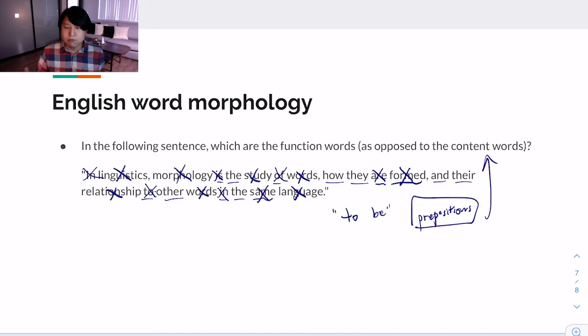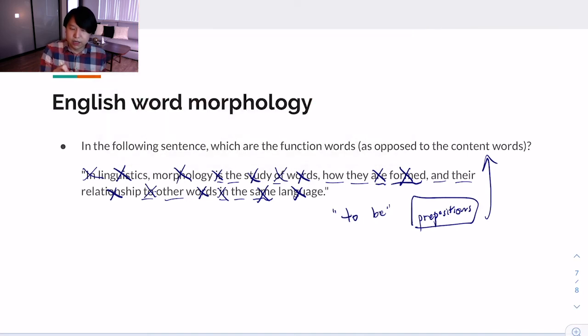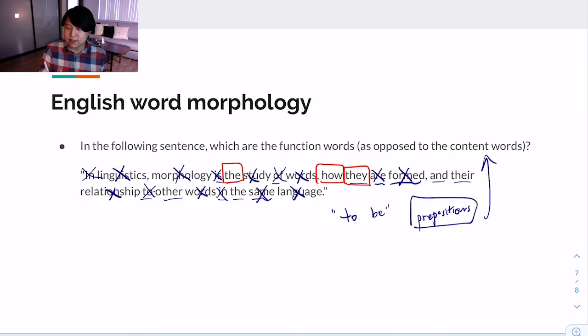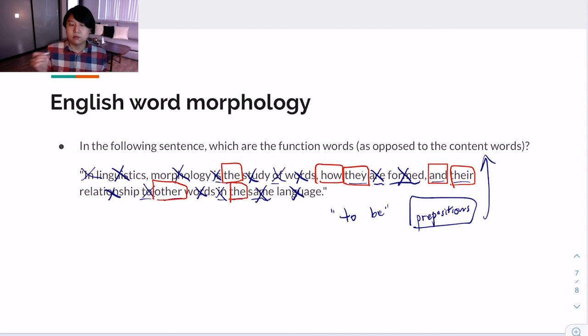These are all prepositions. So what we have left here is the, which is an article; how; they; and, which is a conjunction; their, which is a demonstrative. They is a pronoun. Other is another demonstrative. The, which is an article.